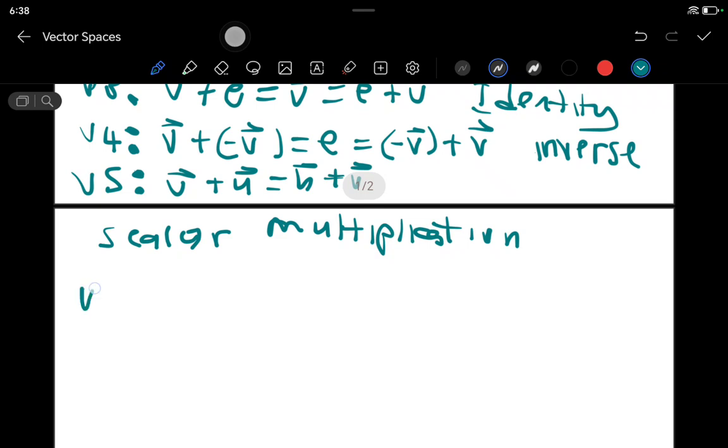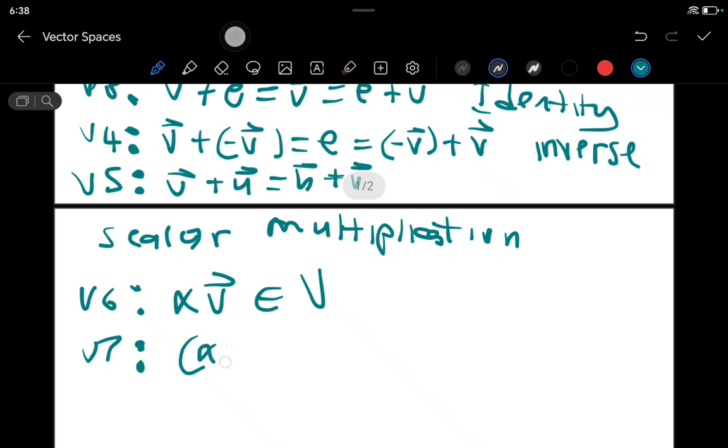First thing that you do here for scalar multiplication, you need the scalar and a vector. If this is an element of V, then you know that it is true. You see, right? And then for the second one, you can look at the associativity, right? When you multiply two scalars, then you multiply by a vector outside, this would be scalar b vector.